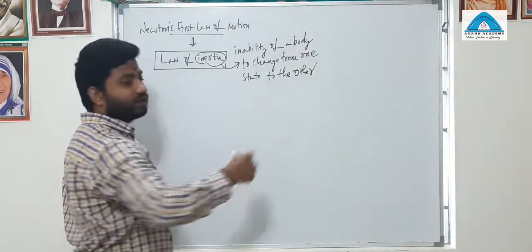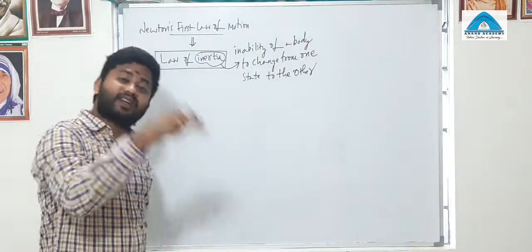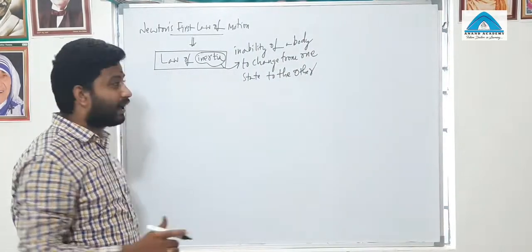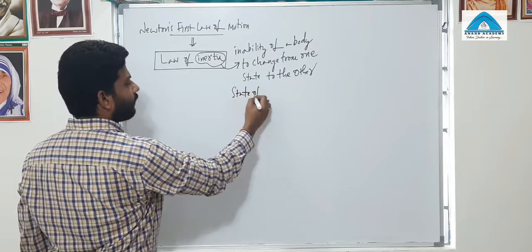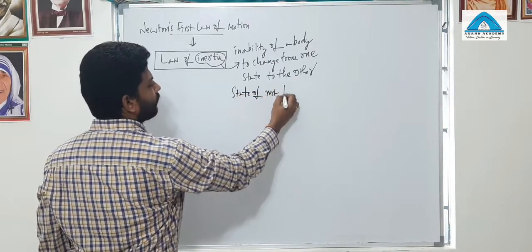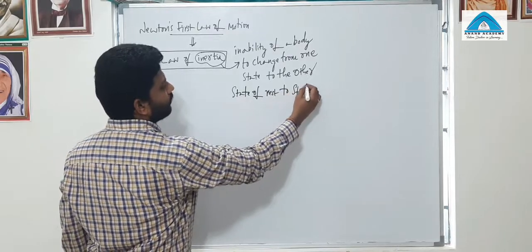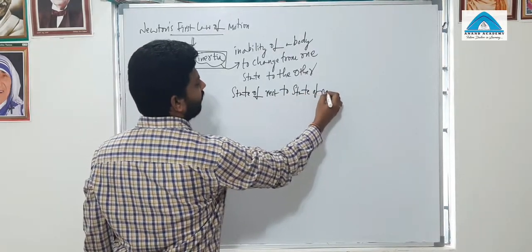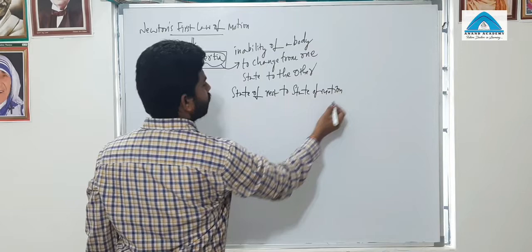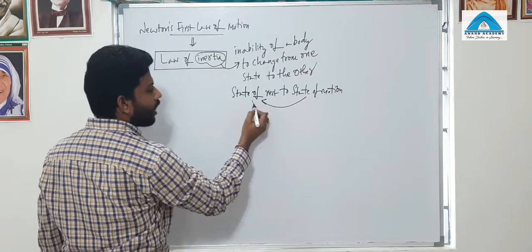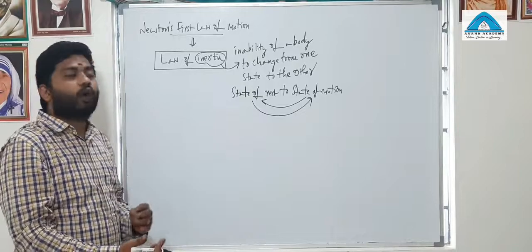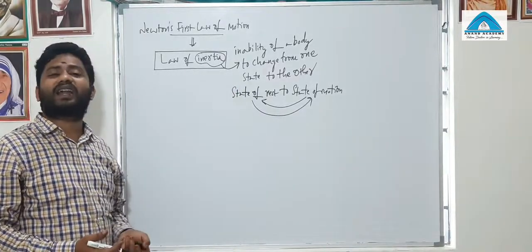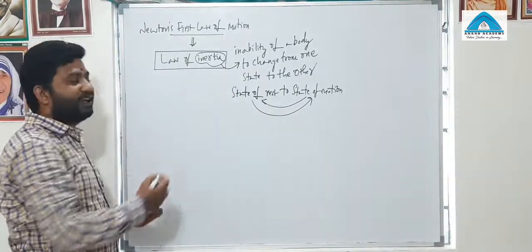State of motion to the state of rest, or state of rest to the state of motion, right? So from here to here, or from here to here. So that's called inability of a body to change from one state to another state. So that is the law of inertia here.